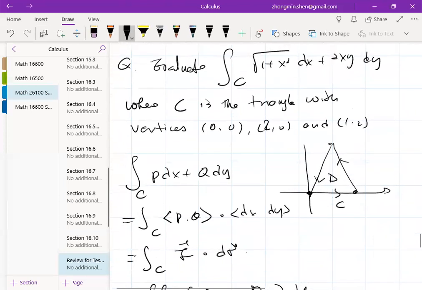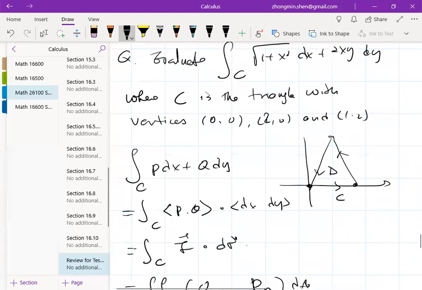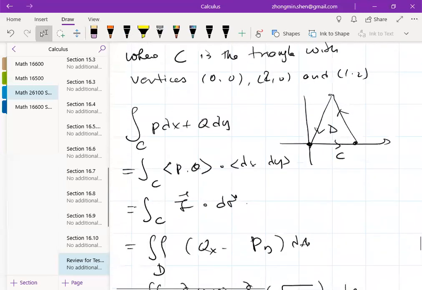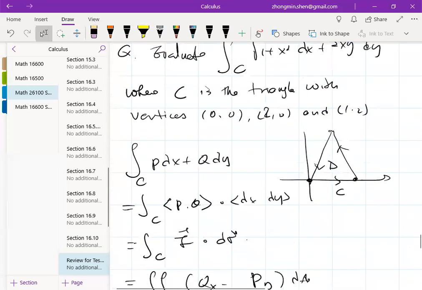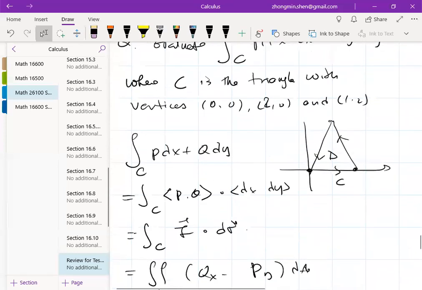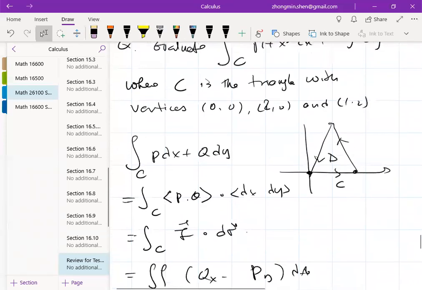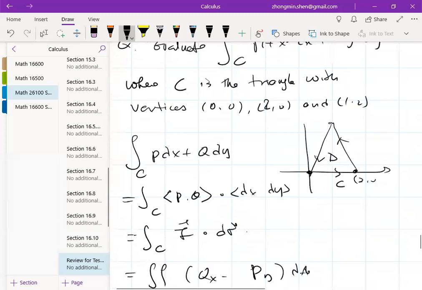Otherwise, this does not look like an isosceles triangle. Yeah, that's right: (2, 0), (1, 2). Then the slope of one is 2, the other one is negative 2.